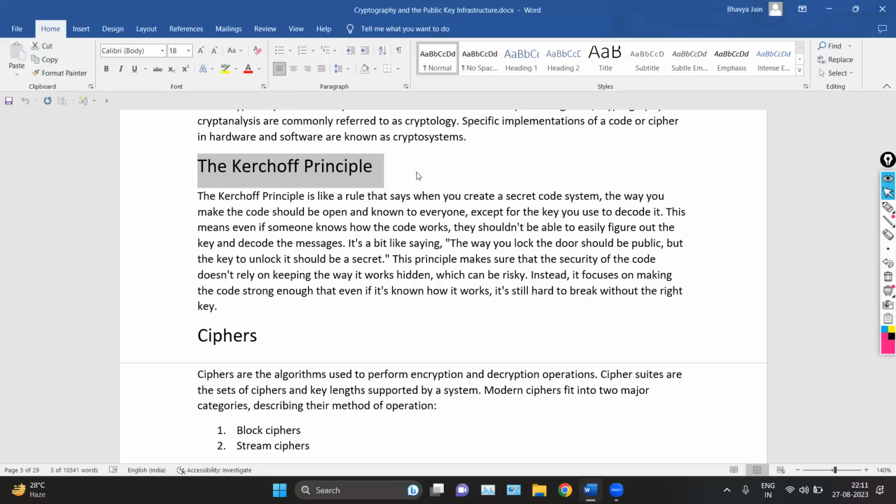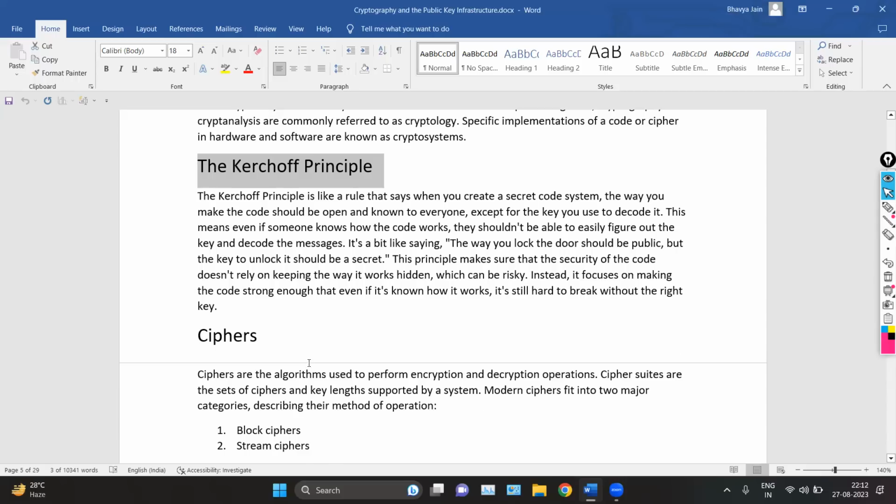We cannot hide the working of the algorithm, but we need to hide the key only. In historical cryptography, we had to hide both the key and the algorithm or technique used for encryption and decryption. But the Kirchhoff principle says we don't need to hide the algorithm or its working. We just need to hide the key itself.